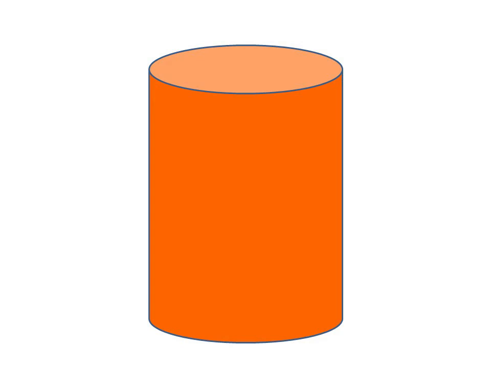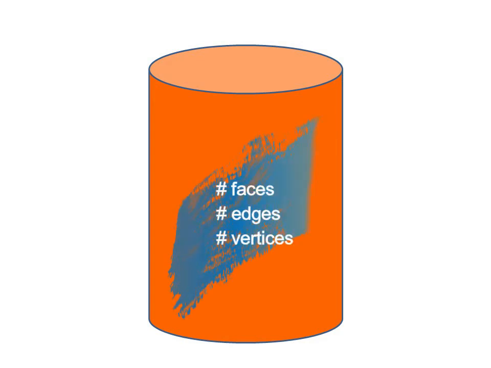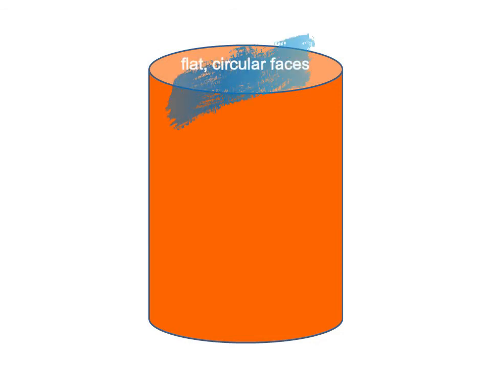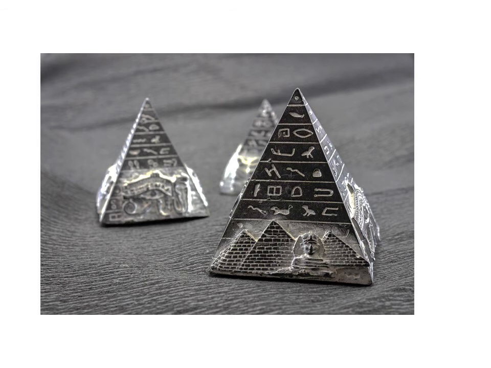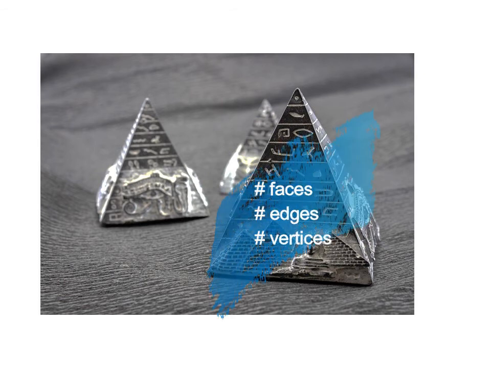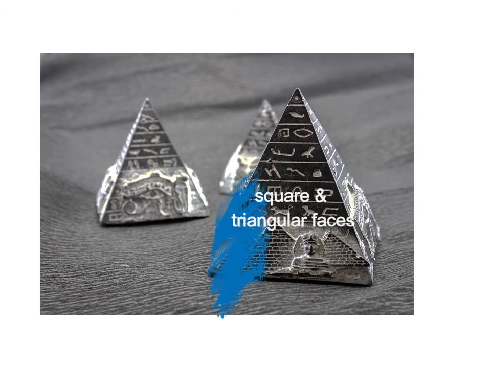A cylinder has 2 flat faces, 1 curved surface, 2 circular edges and no vertices. The top and bottom faces are flat and circular. A curved surface wraps around the outside of the 2 faces. A square-based pyramid contains 5 faces, 8 edges and 5 vertices. The bottom face is a square and there are also 4 more triangular faces around the side of the shape.